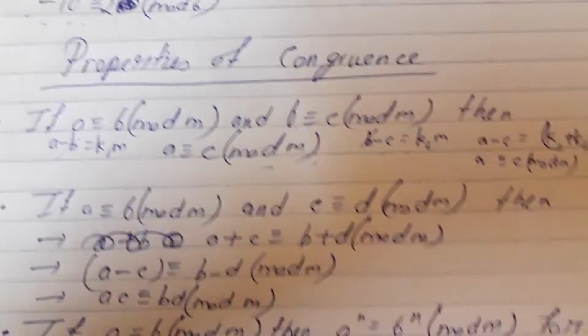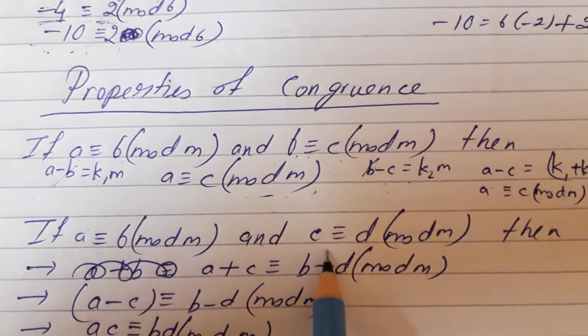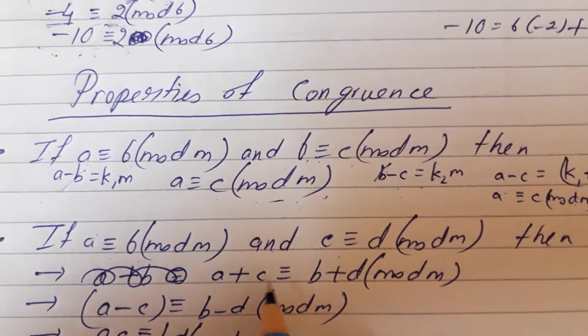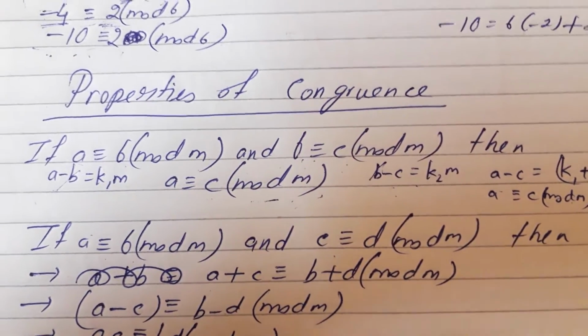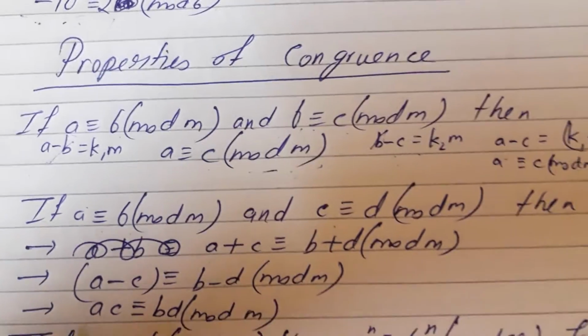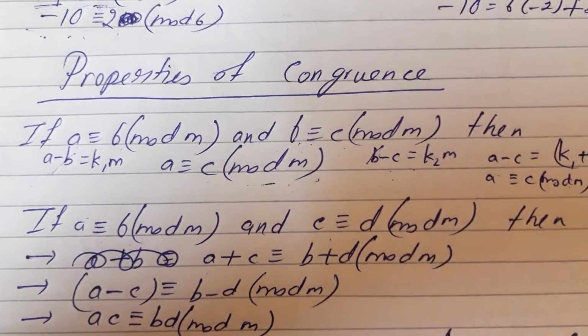The next property you see: if A congruent B mod M and C congruent D mod M, then you can say that A plus C congruent B plus D mod M, or A minus C congruent B minus D mod M, or AC congruent BD mod M. Now how can it be proved?